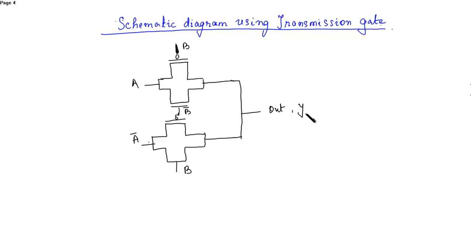Now how will you see that this is the correct output? Actually, how do you get this design, or how will you get the schematic diagram? You have to verify this schematic diagram with your truth table, the truth table of the XOR gate. So now let's see the explanation of this schematic diagram before going to the twisted schematic diagram.